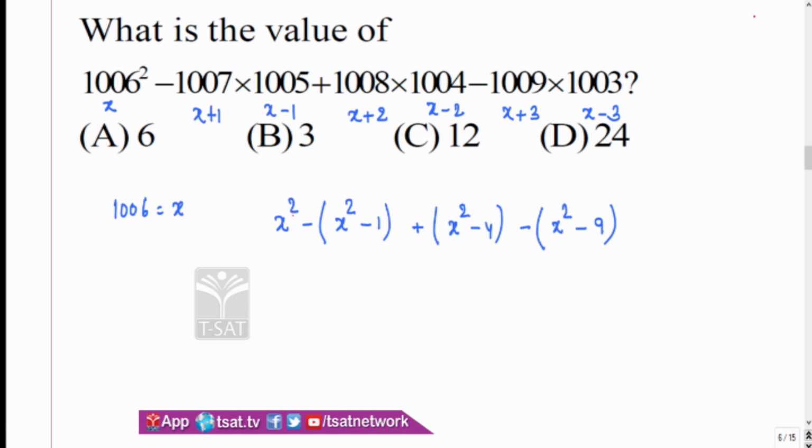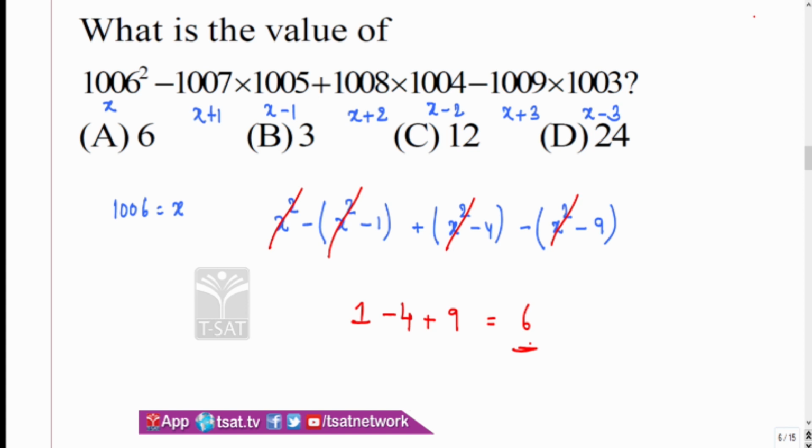See here, x square minus x square cancel, x square minus x square also cancel. Now minus 1 into minus 1 is plus 1, then plus into minus, this is minus 4, then minus into minus plus, that is plus 9. So 1 plus 9 is 10, 10 minus 4, it's 6.